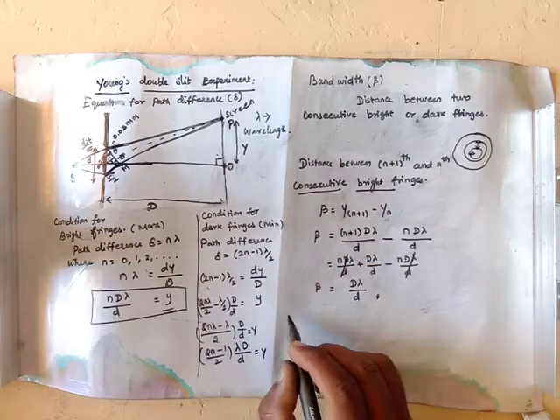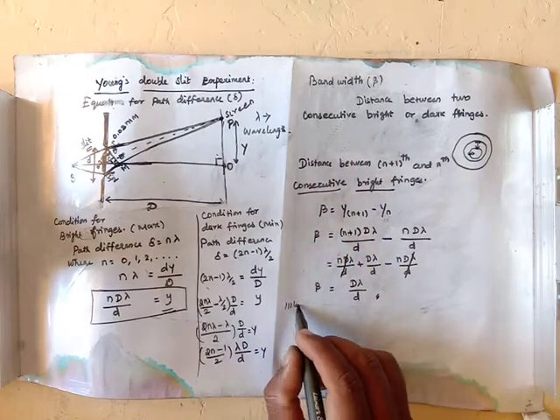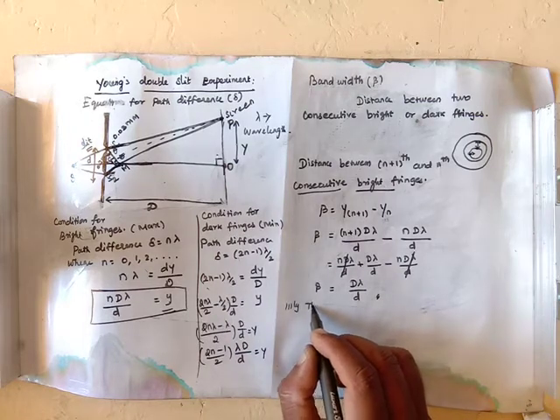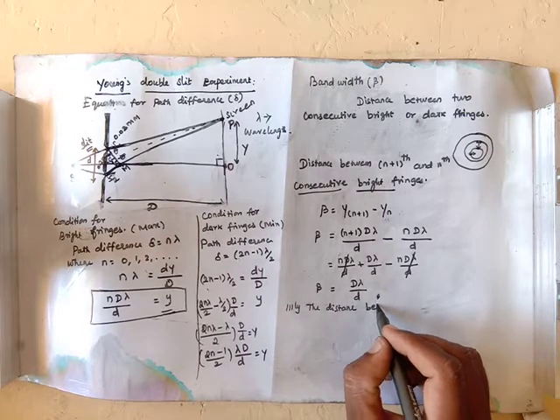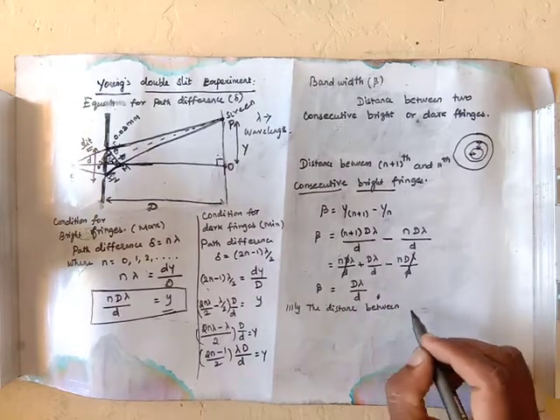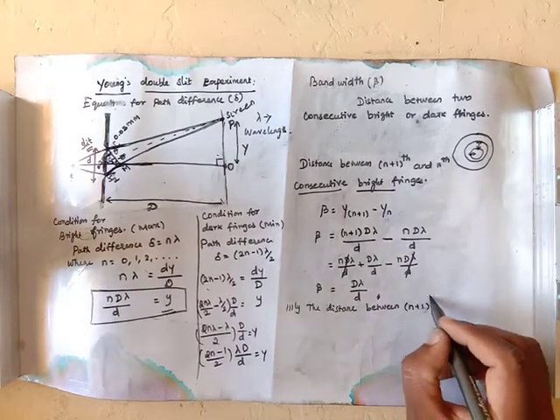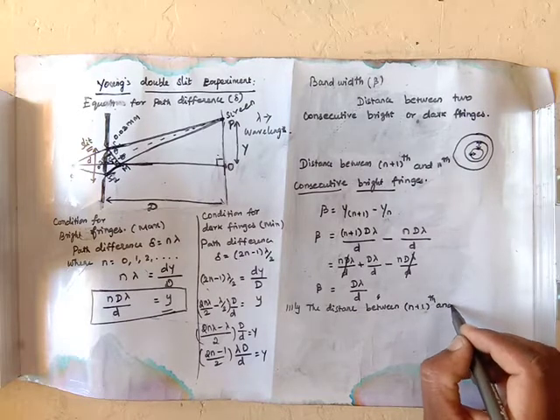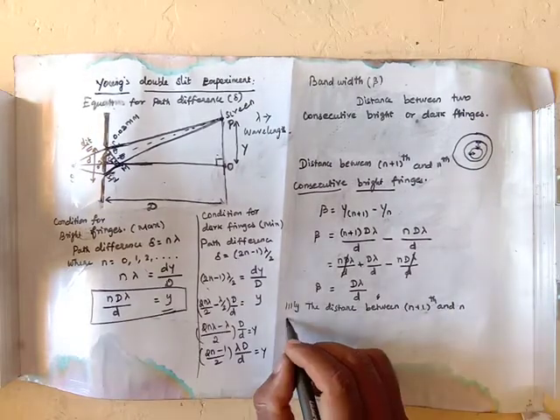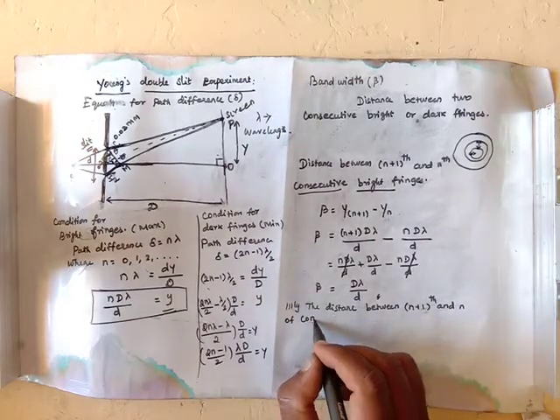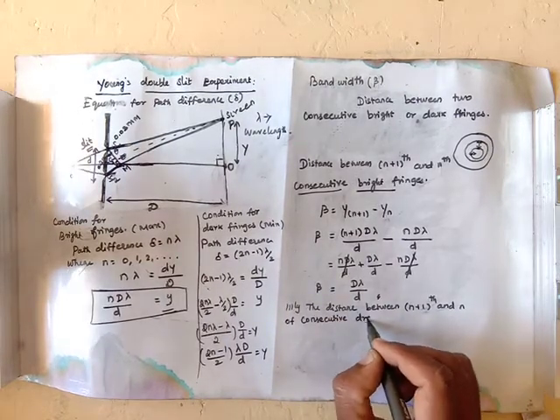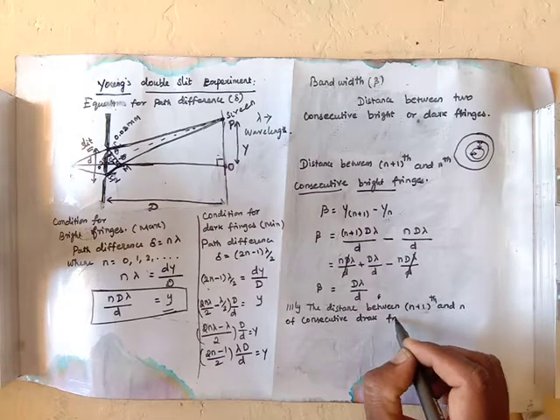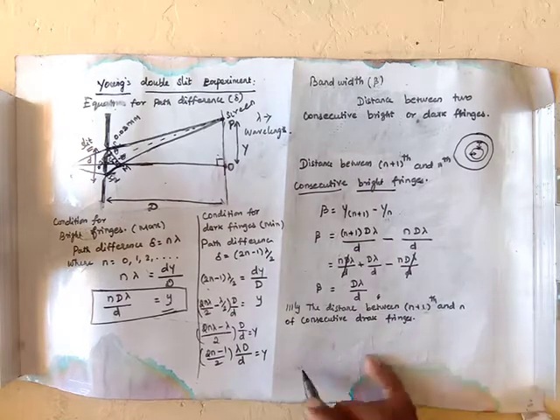Similarly, we can calculate the distance between n plus 1 and n consecutive dark fringes.